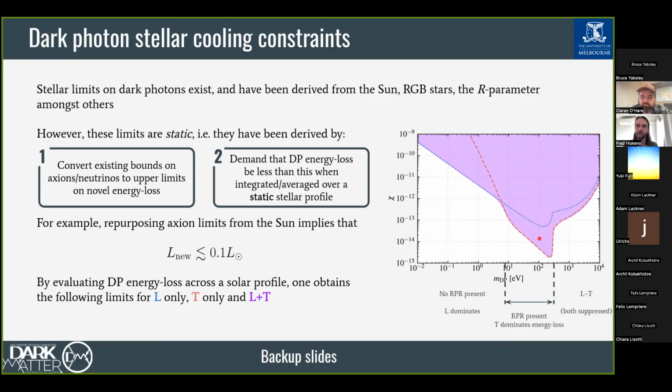And so this is essentially the only region of parameter space we were studying when it came to red giant branch stars and horizontal branch stars and asymptotic giant branch stars, which is why I spoke much more about it. It's also because it counterintuitively gives you the more interesting physics. And then down here to the left is where the longitudinal is dominant. That's actually because they have different scalings for the dark photon mass as well.